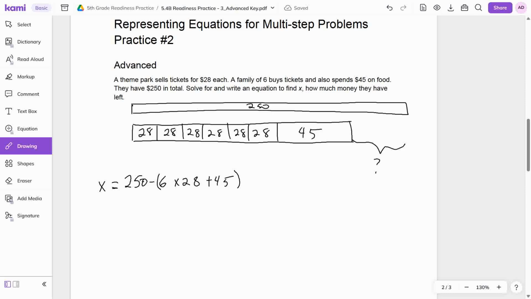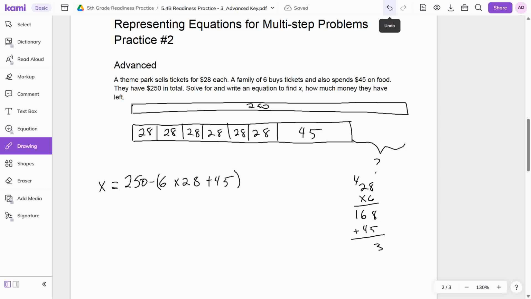So let's figure out what this is going to be. Let's do order of operations. So 28 times 6, that's going to be 48. So that's 12, that's 16. Okay, so I've got my 168. Now I'm going to add that 45 for the food.